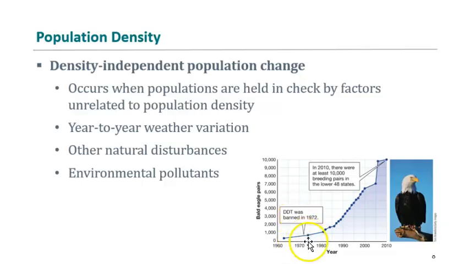And then once DDT was banned, we start to see the population increasing. So this use of DDT was a density independent factor. It had nothing to do with the number of eagles already present in the population, but it affected the size of the population.